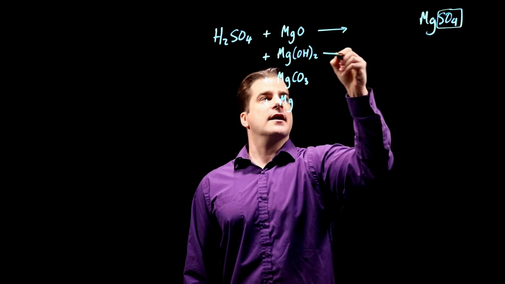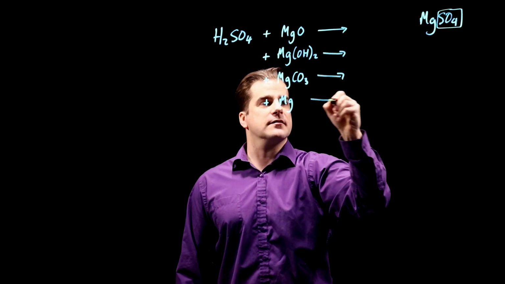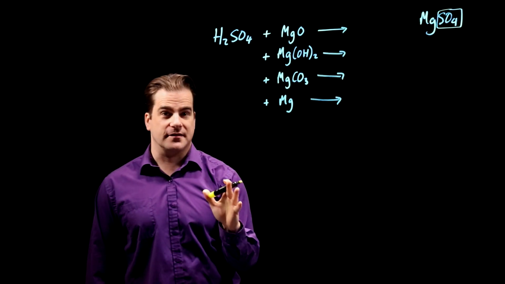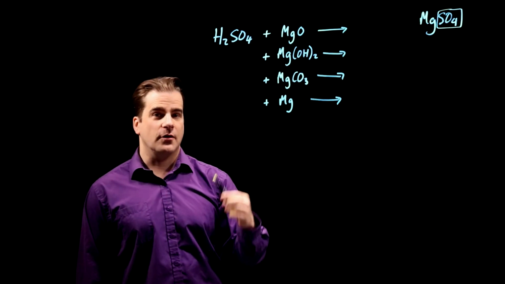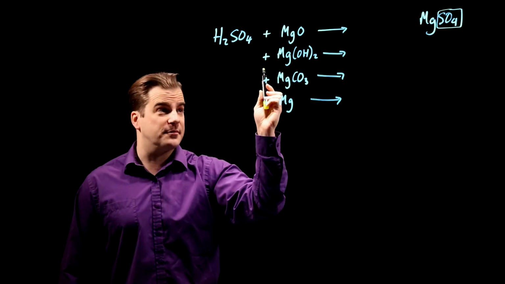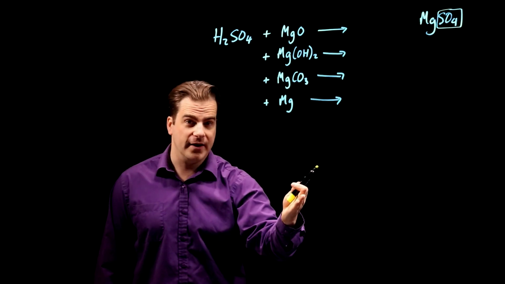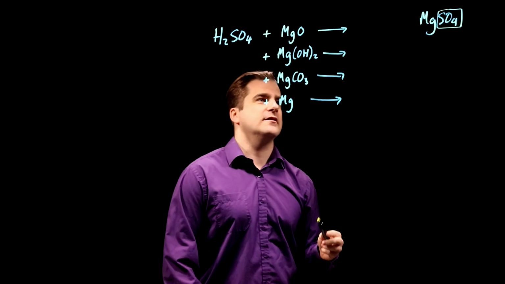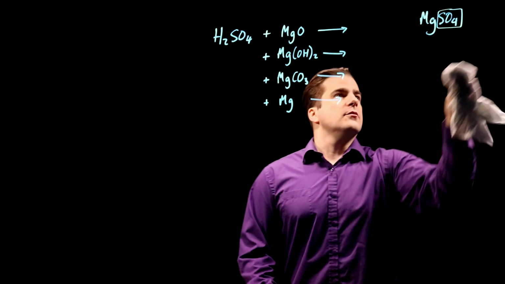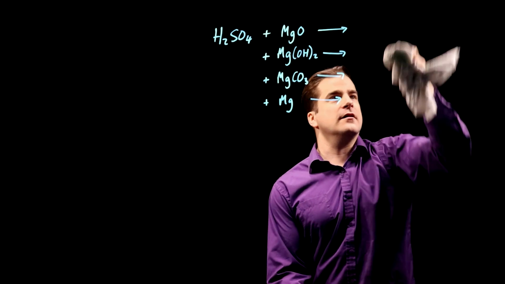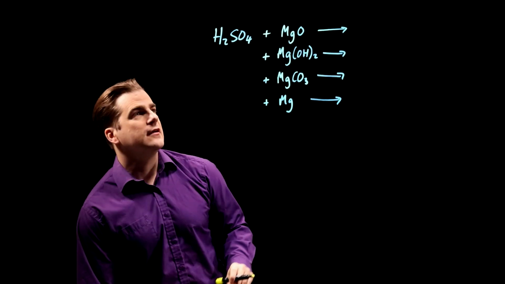So what are we going to get in each of these cases? You've got to get the equation balanced and correct, okay? It's an acid-base reaction. And what did I say? Acid plus base goes to, do you know it? Salt plus water. What's the salt going to be? And water is just water, isn't it?